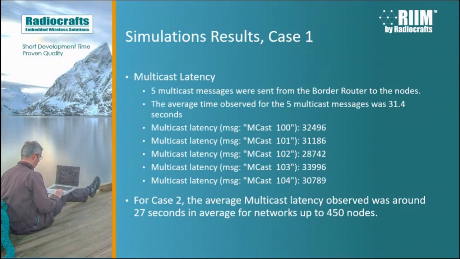Maybe it's just the topologies. When you have more nodes, you have more branches, more paths, more routes, more ways for the multicast message to reach from the border router to the nodes. This might make it reach there in less time.